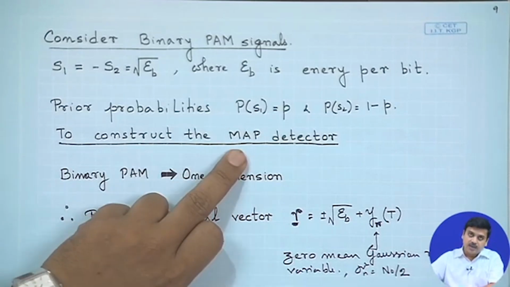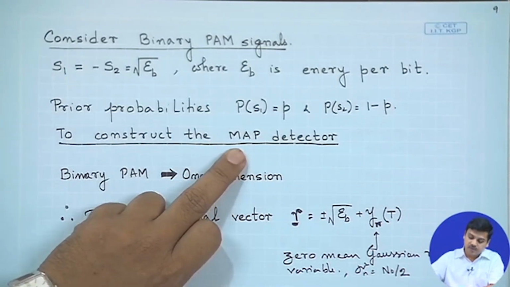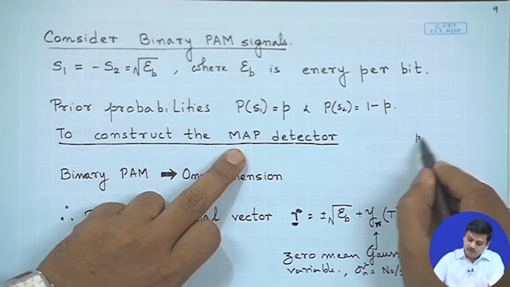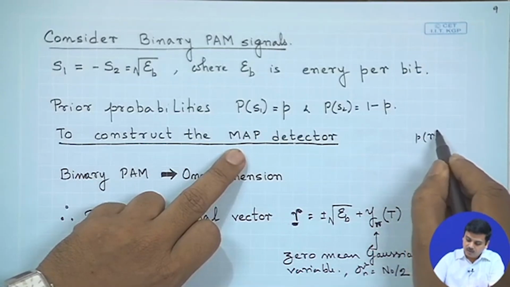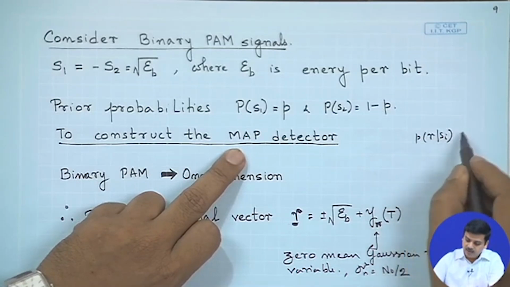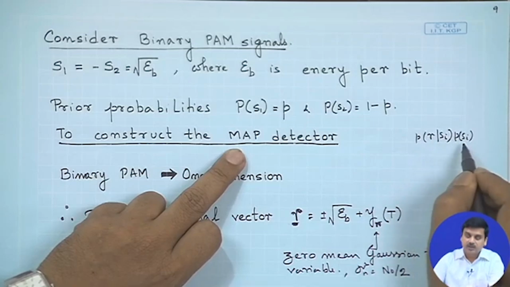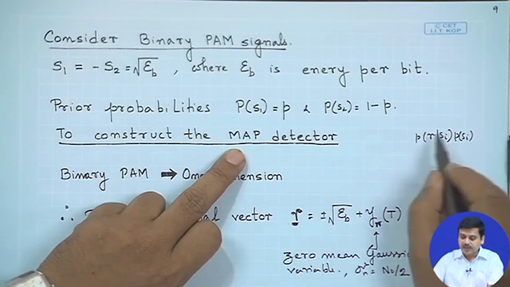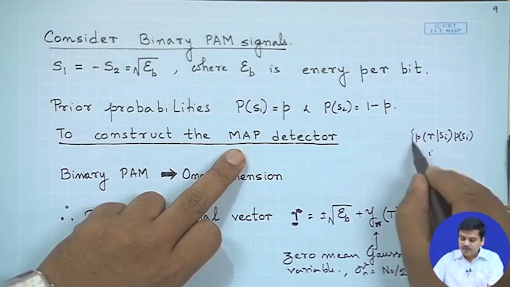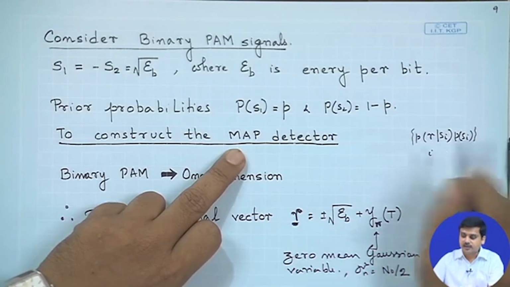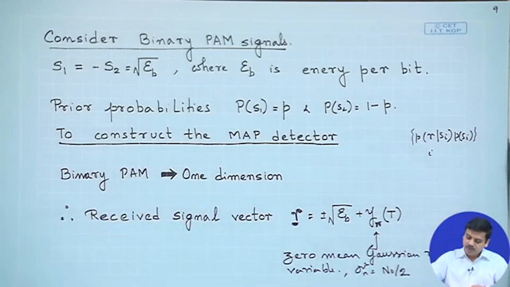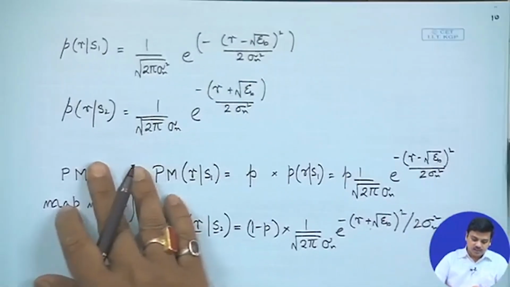When you have to construct the MAP detector, remember we have to construct P of R given Si multiplied by P of Si, and find the i which maximizes this. Just reminding what we had discussed earlier.